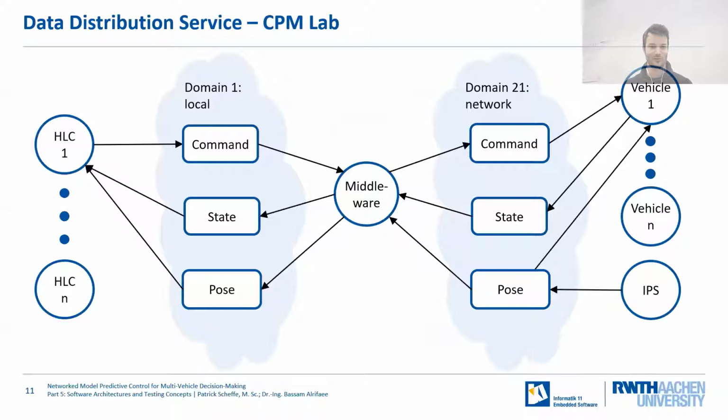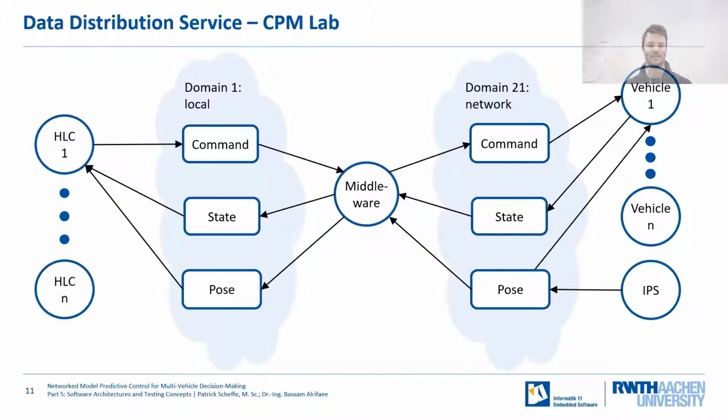And I want to specify this on the example of the CPM Lab. Again, the simplified representation. In the lab, we have several topics. I wrote down 3 of them here. For example, we have the pose that is generated from the indoor positioning system, which measures where the vehicles are right now.